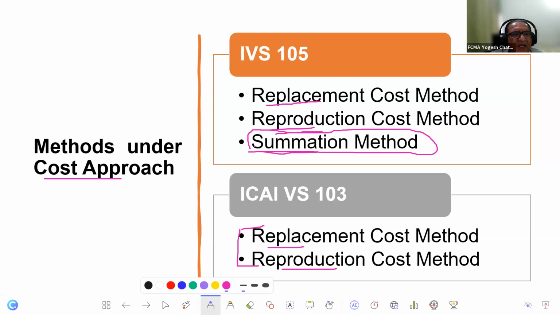Once that is done, they will be added together to arrive at the value of the entire company. That is the summation method of valuation.